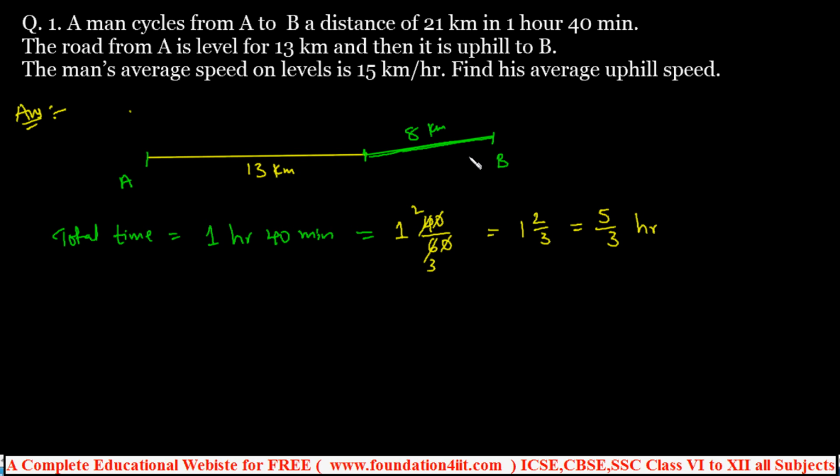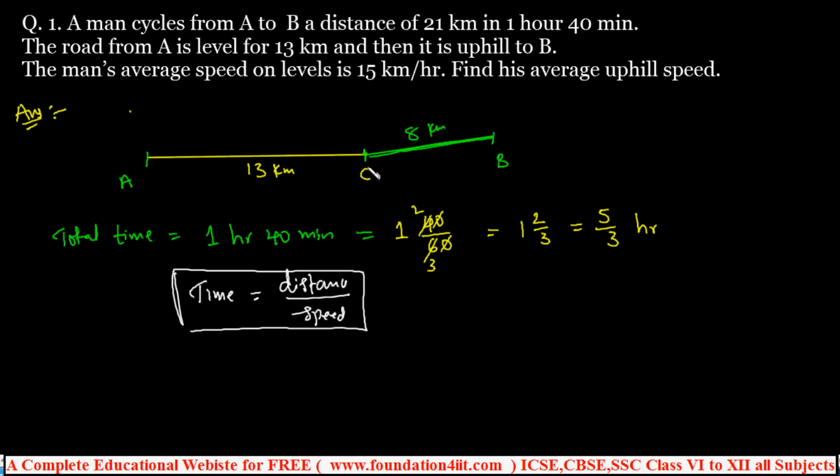Now see the condition. 13 kilometers is level. Let the point be C. So A to C and C to B, total time should be 5 by 3 hours. Already we know that time is equal to distance by speed. So according to this formula, we take the A to C time and C to B time, and that should be equal to 5 by 3.